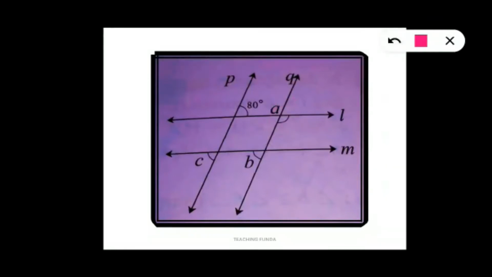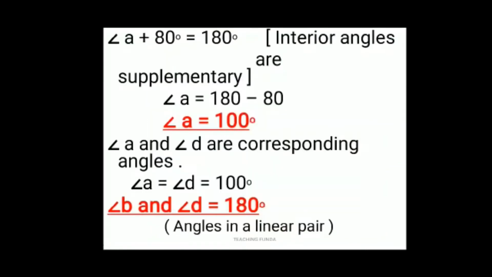Okay students, now see, angle A and 80 degree are interior angles, and interior angles are supplementary. You know this property, I already explained it. Angle A plus 80 degree is equal to 180 degree.